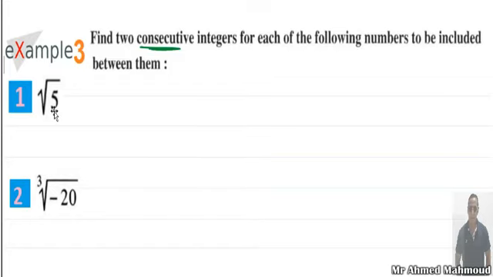I will not use the calculator. How come? Root 5, the square root, is the second root, as we took before. We are going to search in the perfect squares.